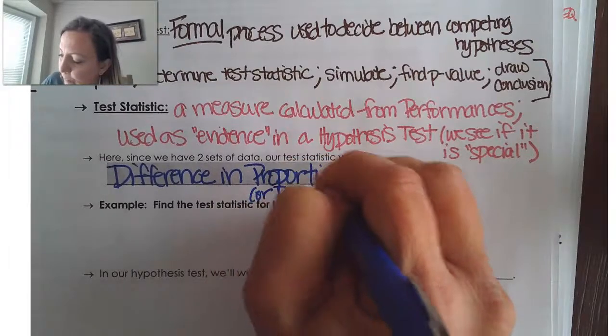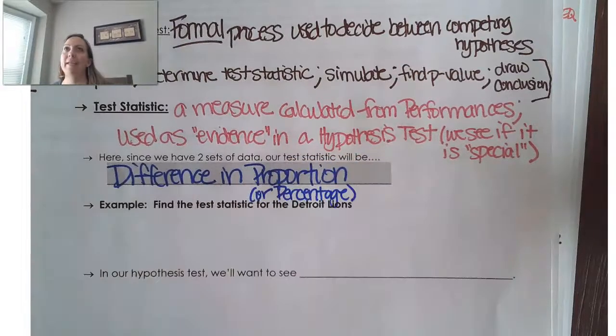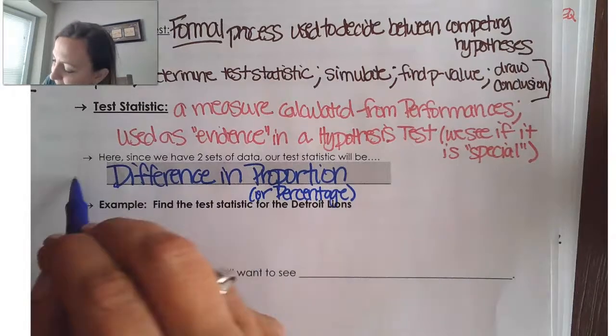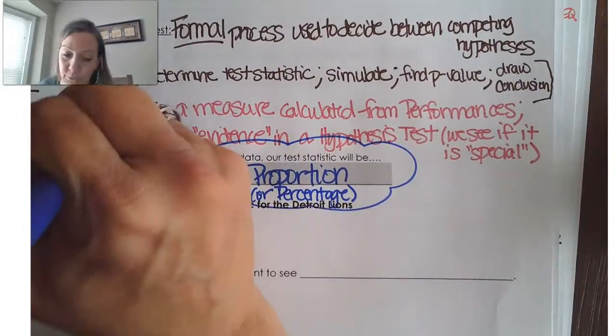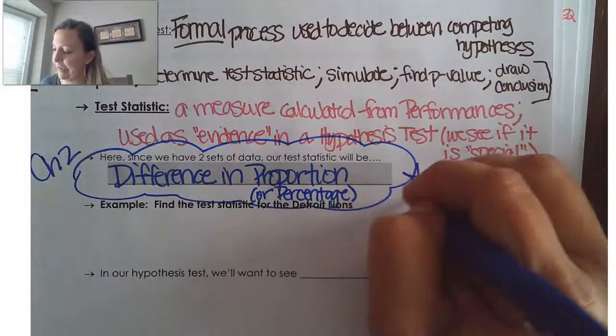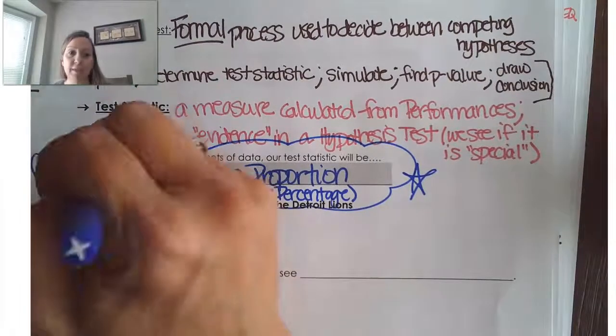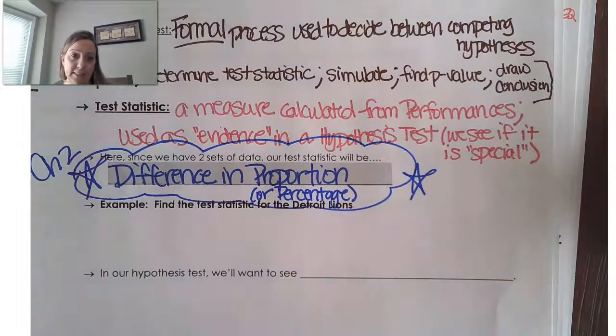A proportion would be like a decimal, like 0.5, and a percentage would be like 50%. But this is the test statistic that we're going to be using all throughout chapter 2, okay?